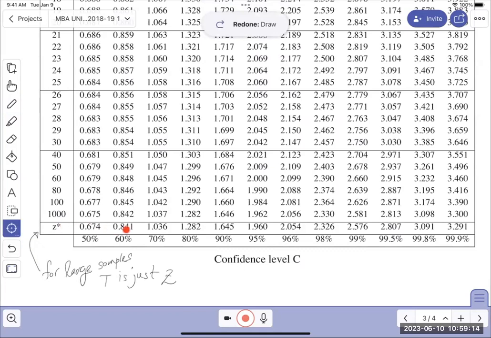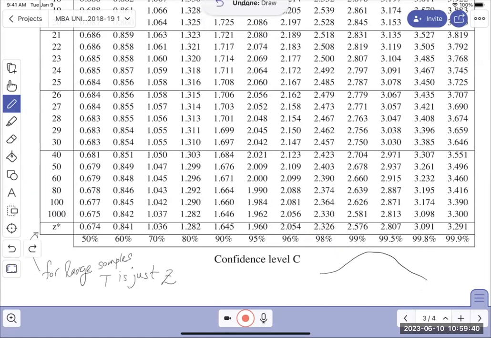And here you have these. So Z star is going to mark where you have, in our case, 98% in the middle. So let me draw that for you, like what we just did.